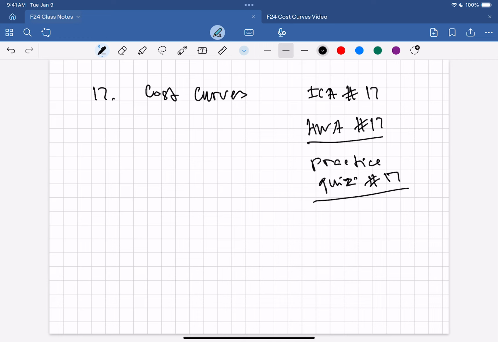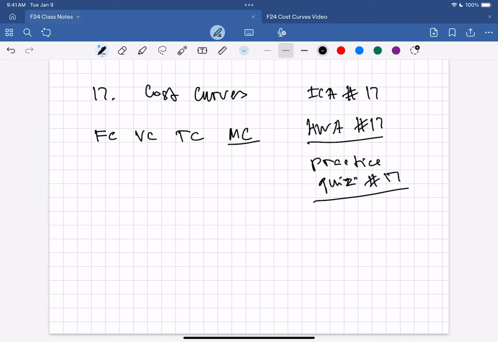All right, and well, there we had a whole bunch of those curves, right? So you need to know how to actually deal with those curves, and also you need to know everything we discussed when talking about fixed cost, variable cost, total cost, and then marginal cost, very important parameter.